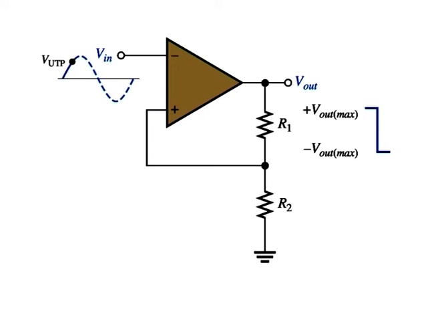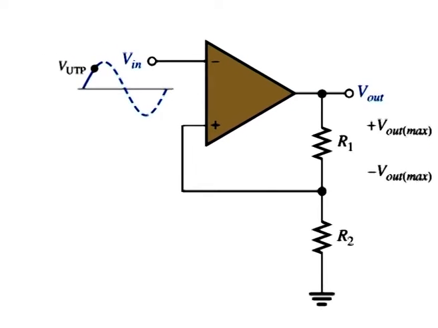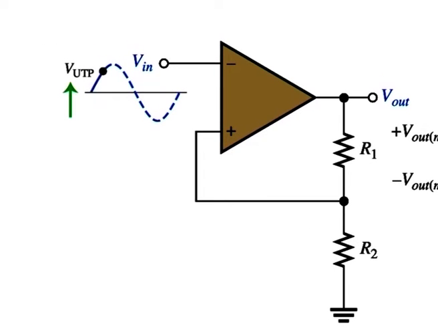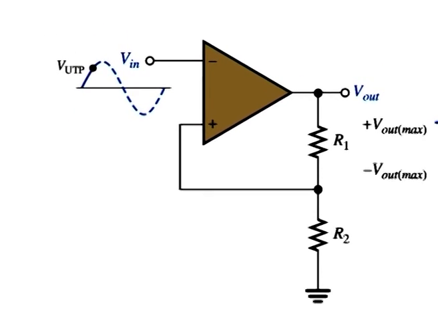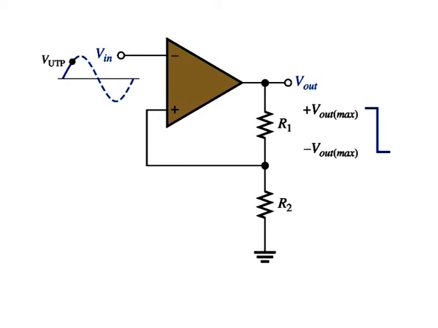Assume that the output voltage is at its positive maximum, that is plus V out maximum. The voltage fed back to the non-inverting input is V UTP and is expressed as V UTP = R2/(R1+R2) × (+V out maximum).